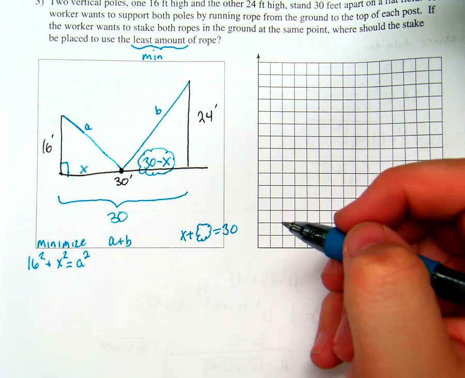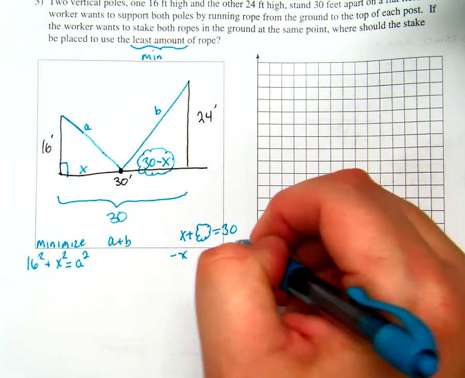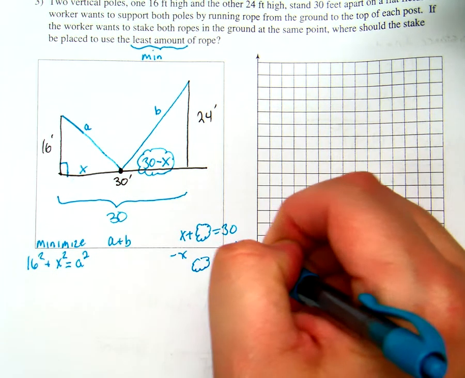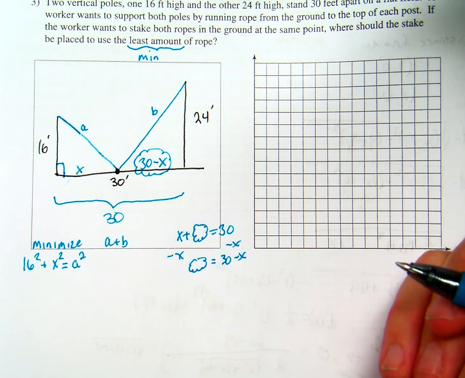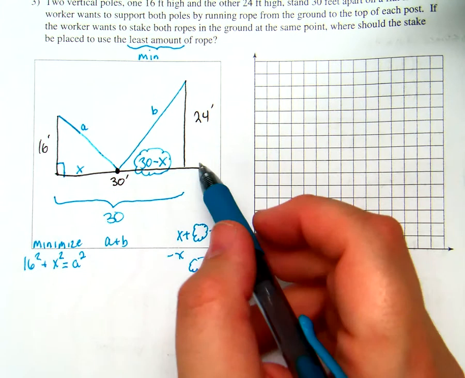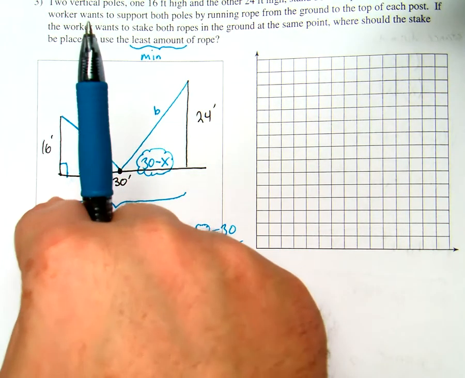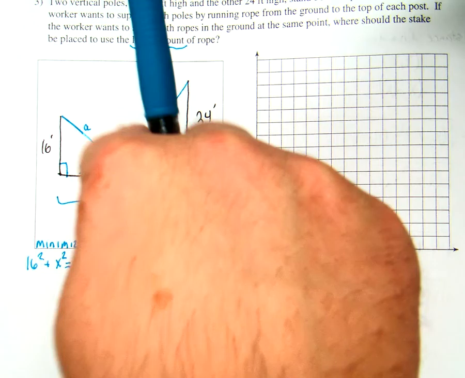Then you subtract x from both sides. Whatever that second distance is, it's 30 minus x. So that's kind of the mathy way of doing it. Whenever you have two distances, or two lengths, segment addition postulate, the geometry stuff. If you know one of them, you subtract it from the total, and you get the second one.